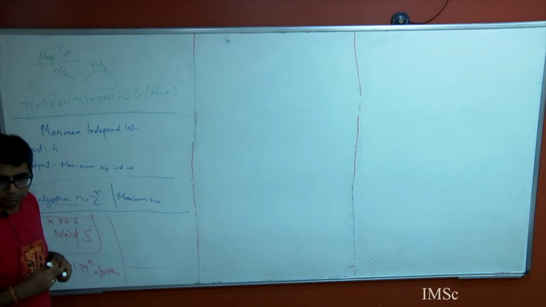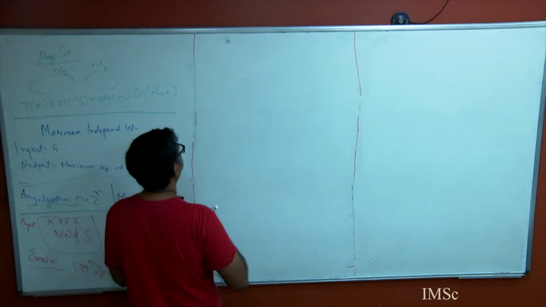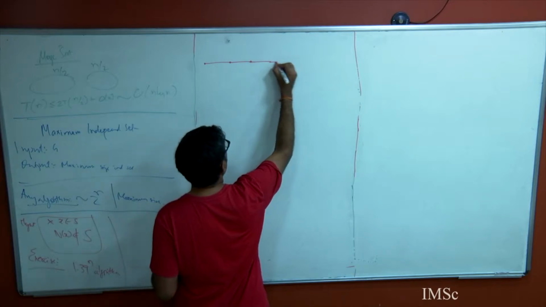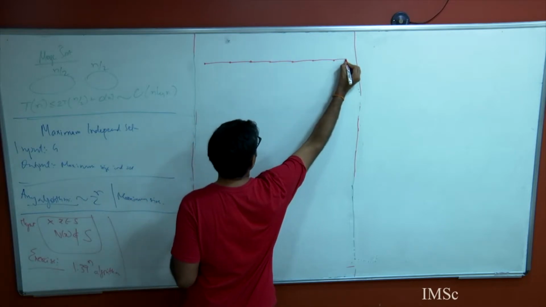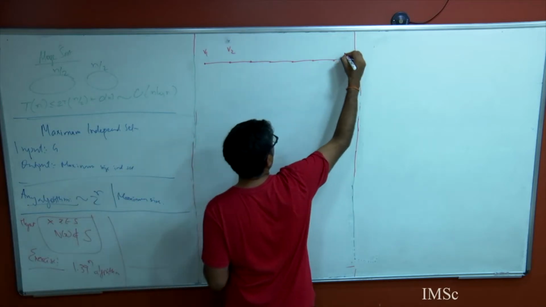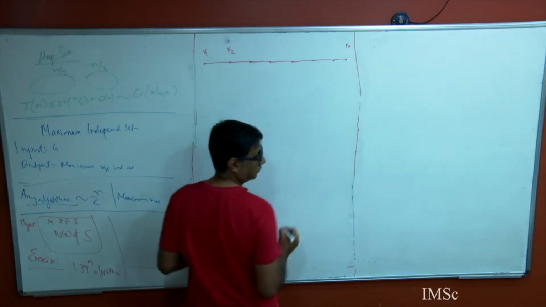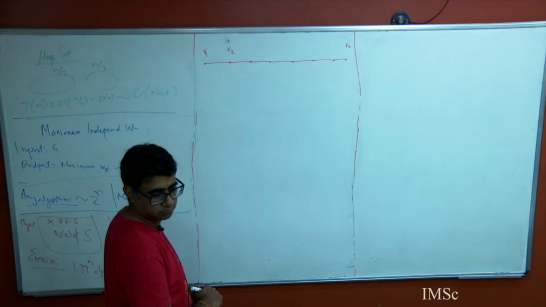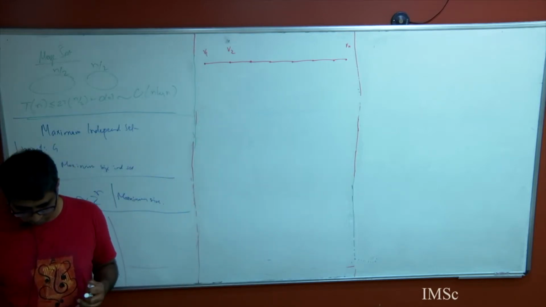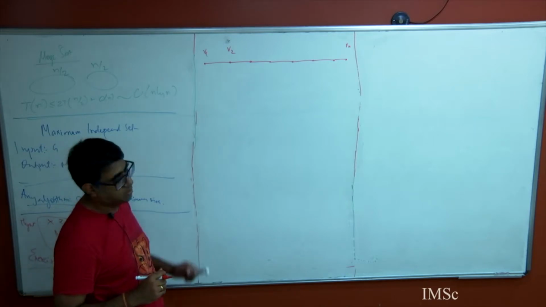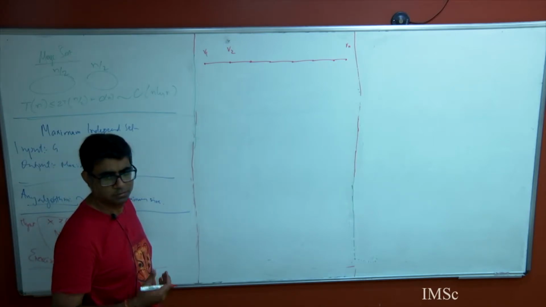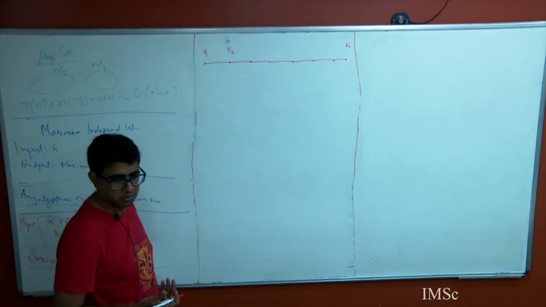Okay, but I have a path, V1 to Vn. I have a path. Do you know how to find an independent set of this graph? Path. What?